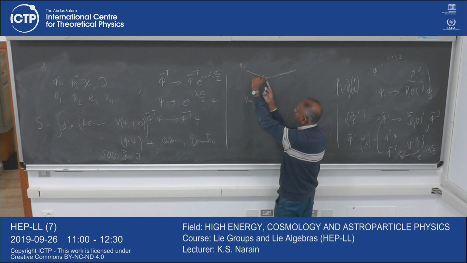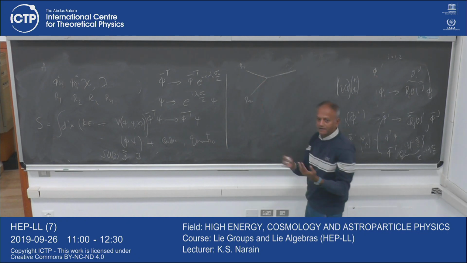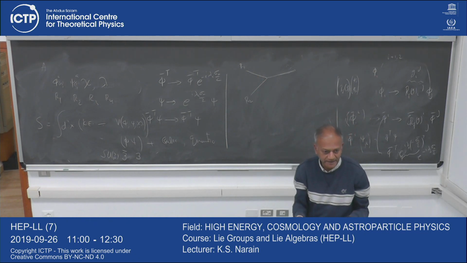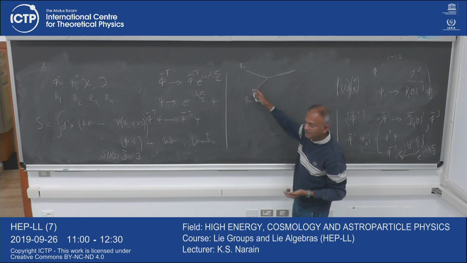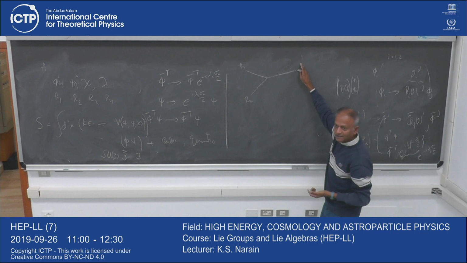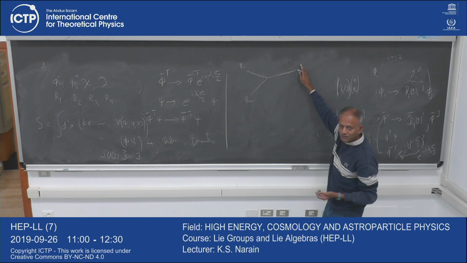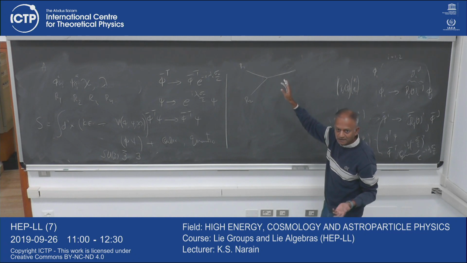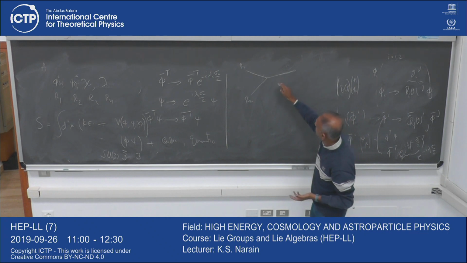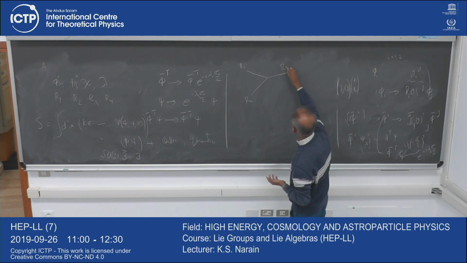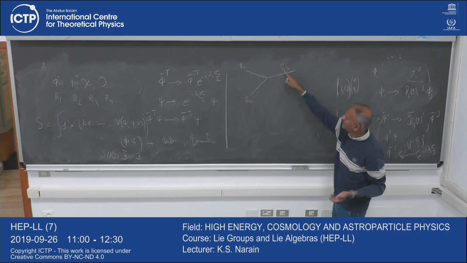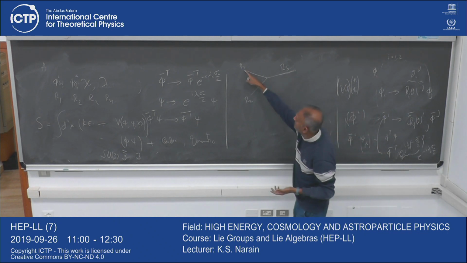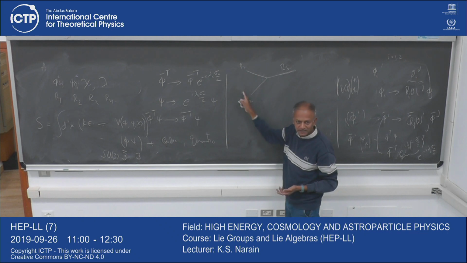So the combined thing will be a product representation, right? But here is again a single particle, which is going to transform in some representation. So what kind of particles can appear here? Not any particle can appear here. This R3 must be something which is contained in the product of these two representations.